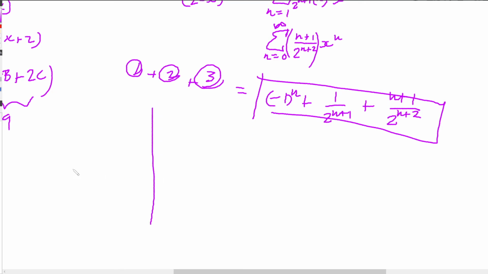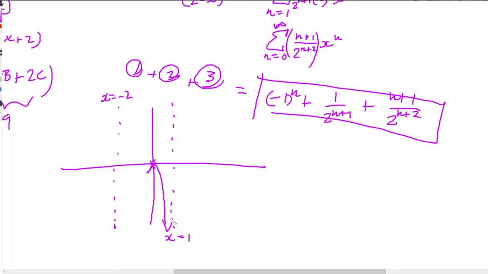Well, if you were to graph the function, you'd see that it has an asymptote at x equals minus 2, an asymptote at x equals 1, and so you would probably end up with a function that was only valid from here to here, because there's a thing called a radius of convergence, and when you expand a series like that, using either the binomial expansion or the, what's it called, Cullerne series, or the geometric sum to infinity.